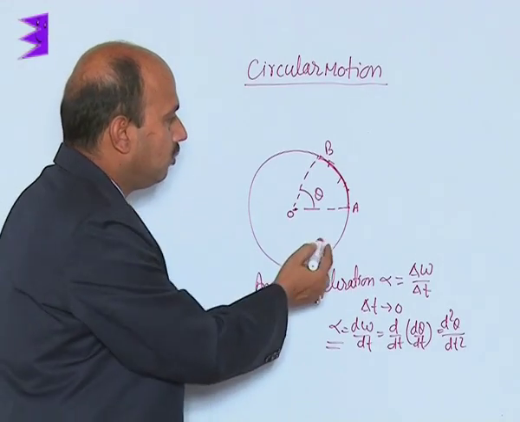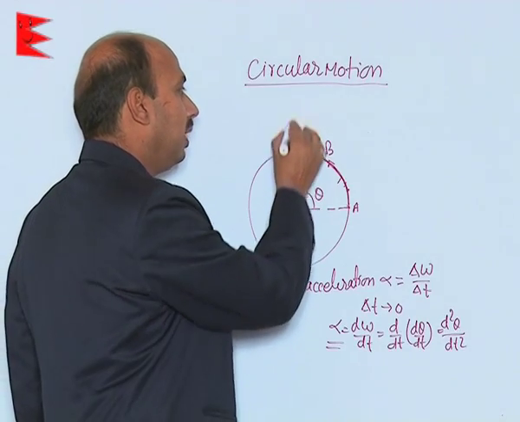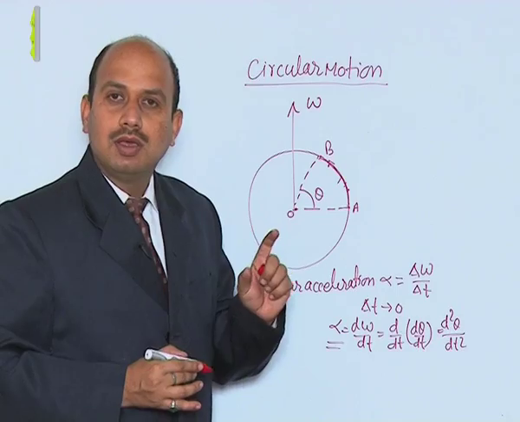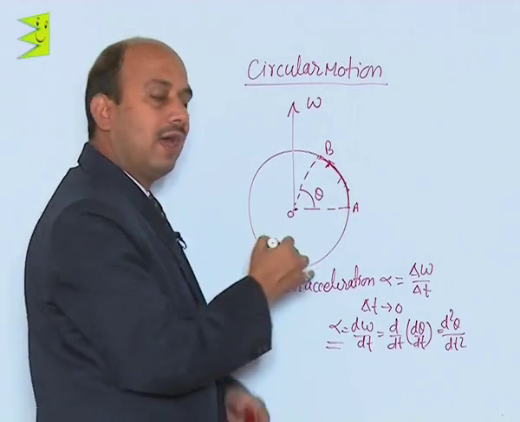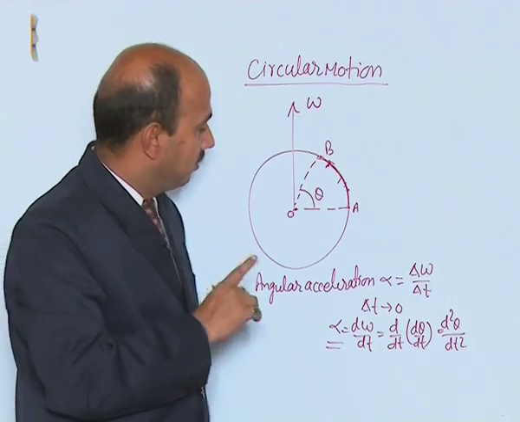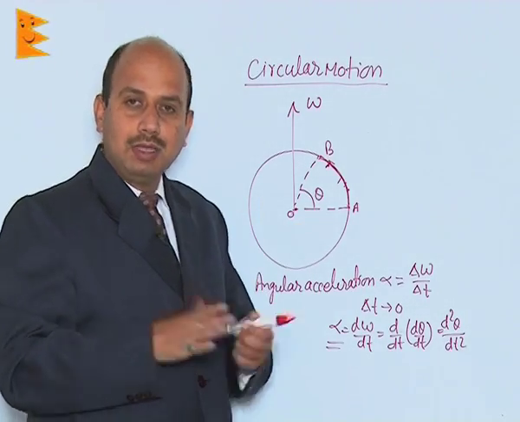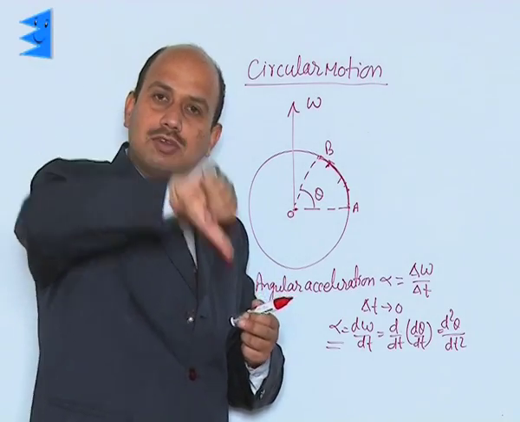So, if the body is moving in this path, angular displacement and angular velocity have direction vertically upward, along the axis of the circle. If it is anti-clockwise, it is upward like this, and if it is clockwise, it is downward.